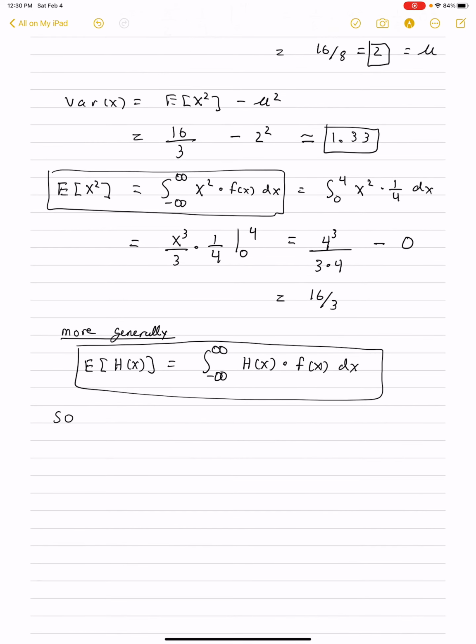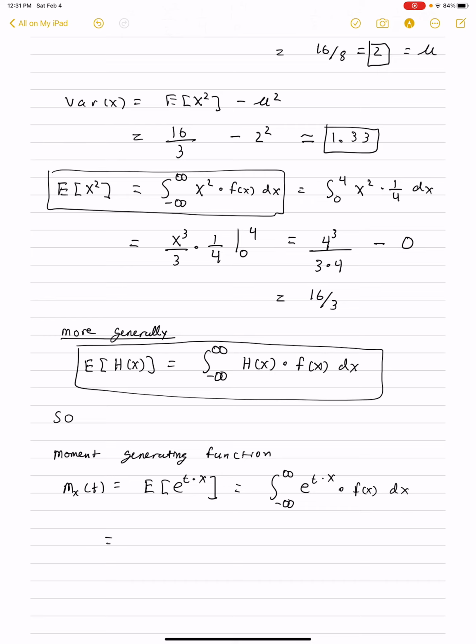So if I'm asking for the moment generating function, it's still the same definition. It's the expected value of e to the t times x. So h of x is exactly that thing inside. And that will be this integral from minus infinity to infinity of e to the t times x times f of x dx.